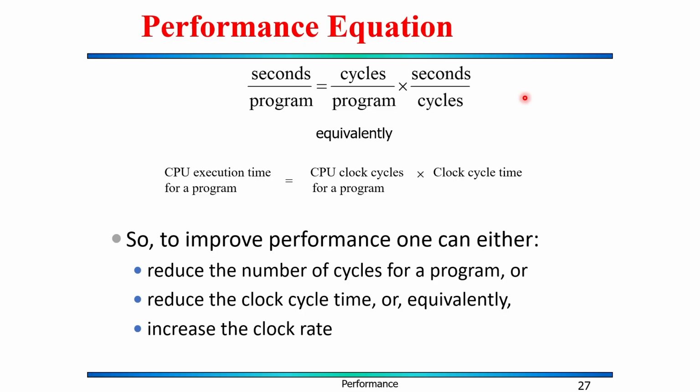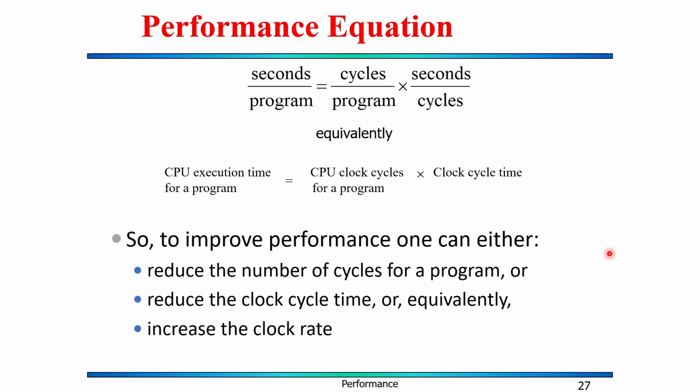Another way to write this is seconds per program equals cycles per program times seconds per cycle. This equation is important because it shows exactly what factors determine how fast a program runs.